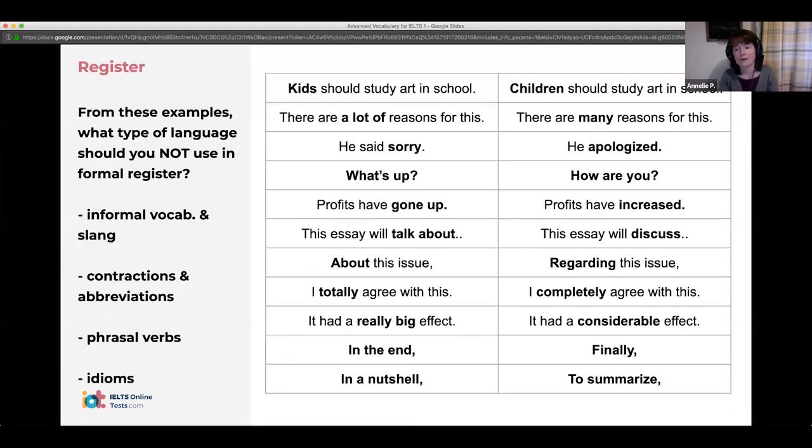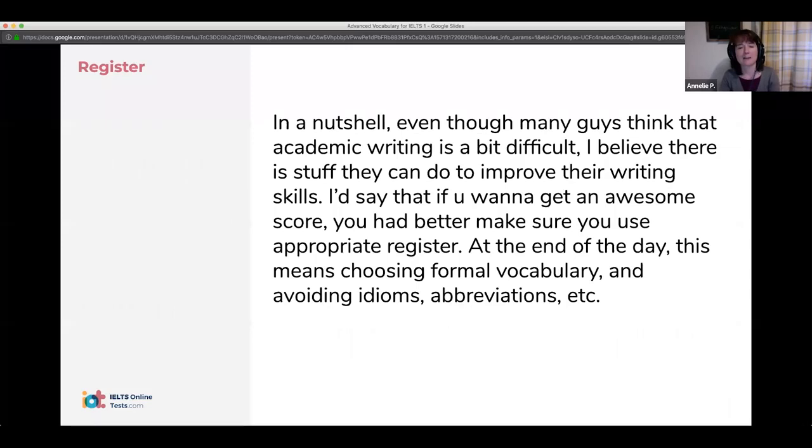So let's do a little bit more practice with this. So we've got a lovely, yeah, look, there it is right down at the end there. So we've got a very informally written conclusion here. So we need to think about, first of all, which words do you think we need to change?